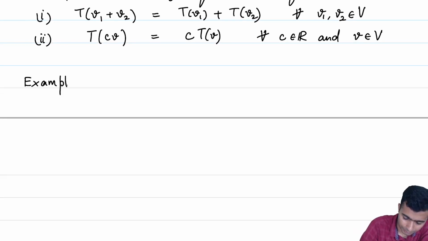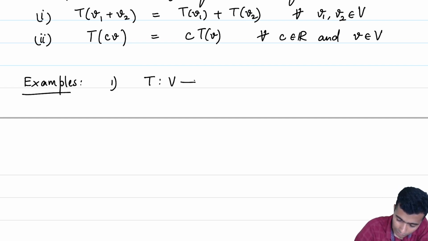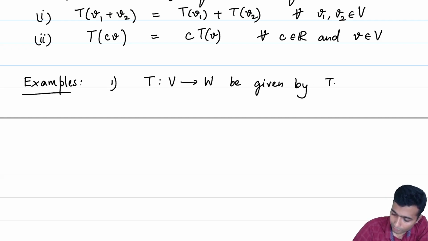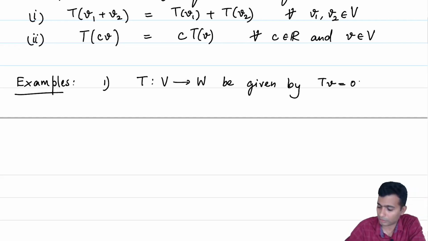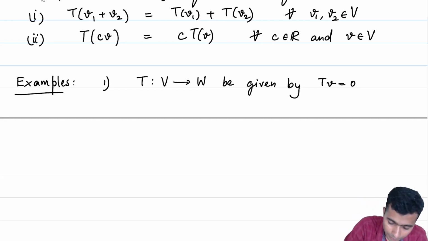The first example, and I should say the simplest example, will be the map T from a vector space V into another vector space W given by T of V is equal to 0 of the vector space W. Let me just write it once or twice to point out that this is where all these things are happening.